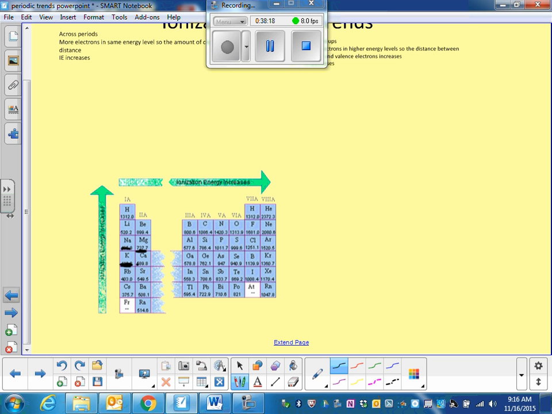Tell me which has the most, which has the least. Magnesium is the most, very good, because it's the smallest. Potassium has the least, so what will fall in between? Sodium. Do you see that?